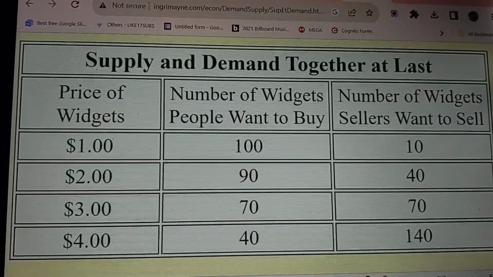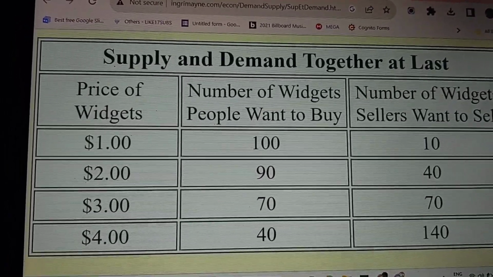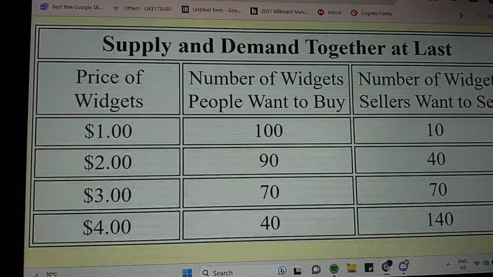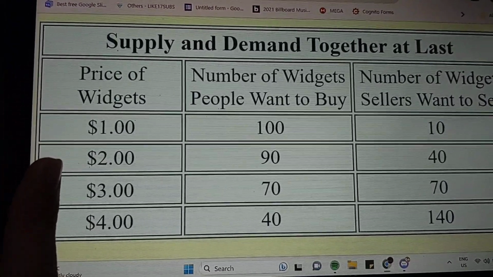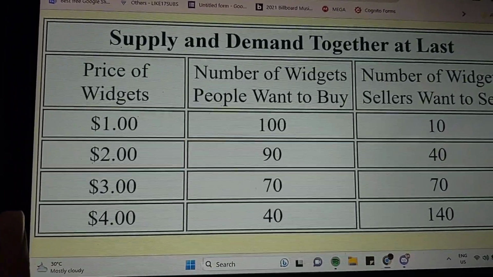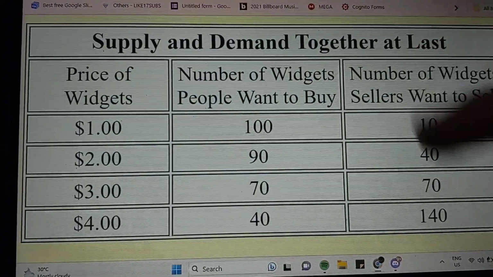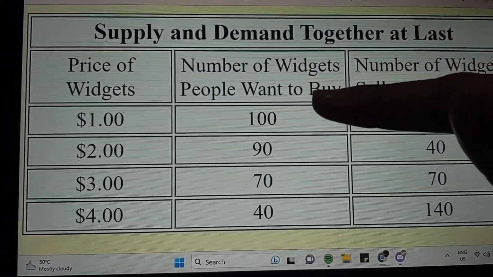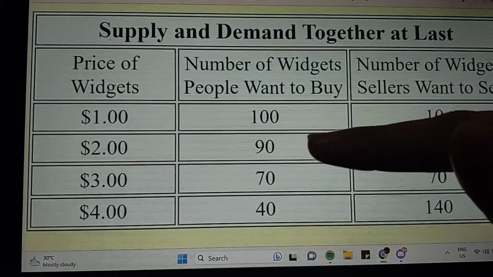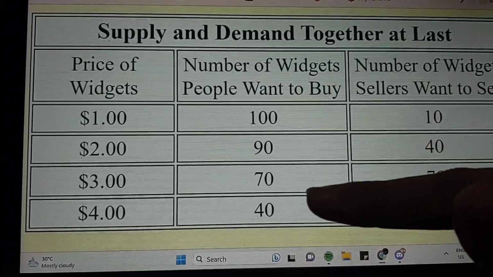So for the example of demand and supply curve and demand and supply schedule, we have here the supply and demand schedule. For the price of widgets, we have $1, $2, $3, and $4 respectively, while for the quantity demanded, we have 100, 90, 70, and 40.